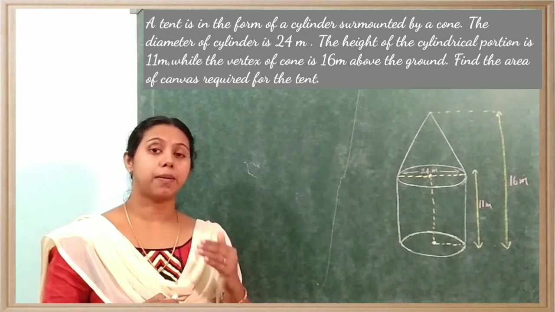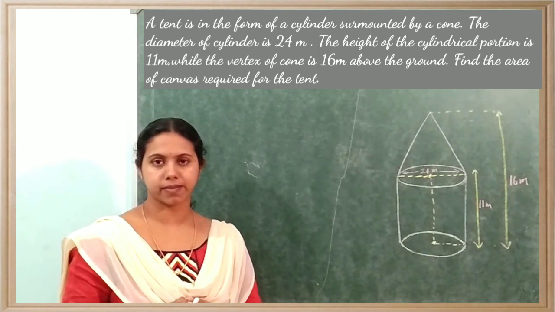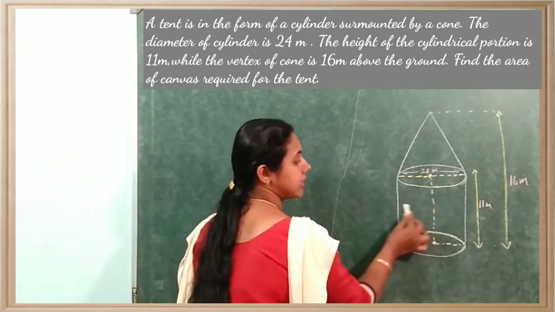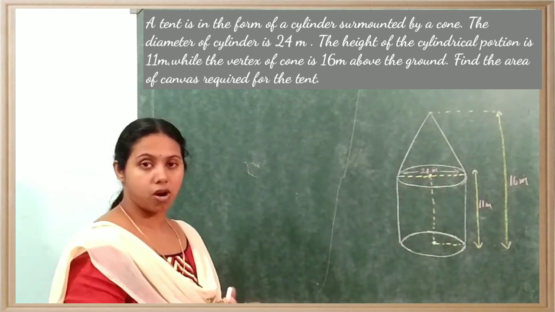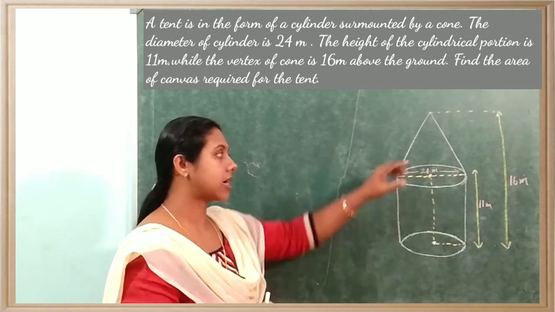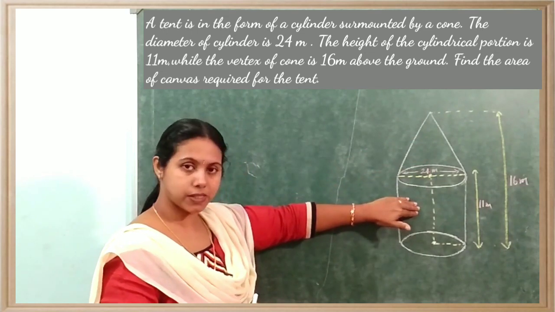Note that the base of the tent will not be covered with the canvas. So only that curved portion of cylinder and curved portion of cone. So the total surface area of this tent is curved surface area of cone plus curved surface area of cylinder.